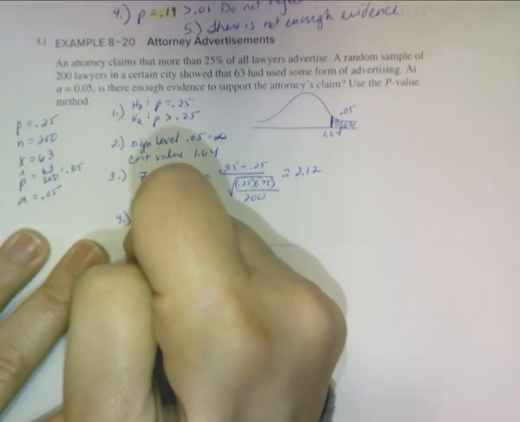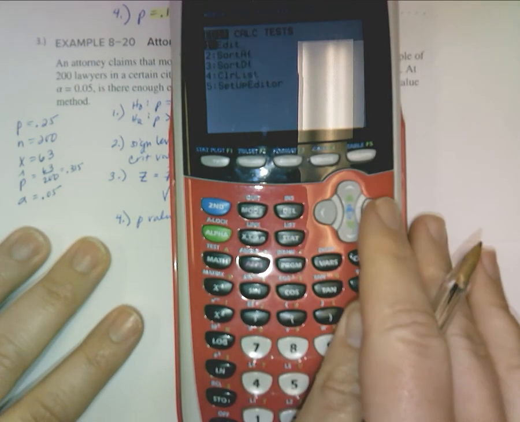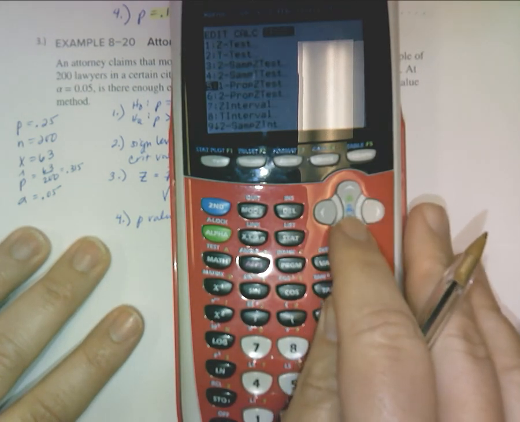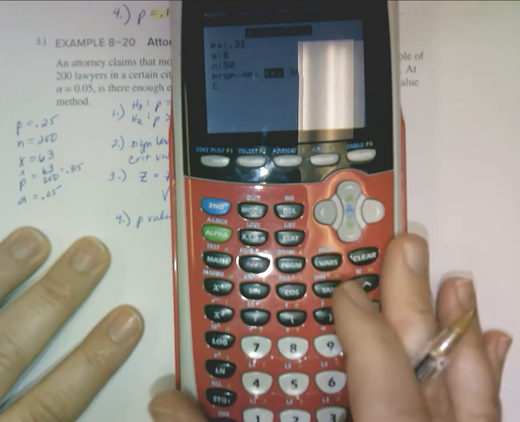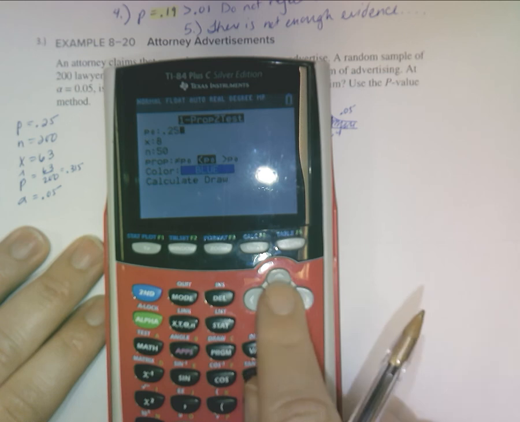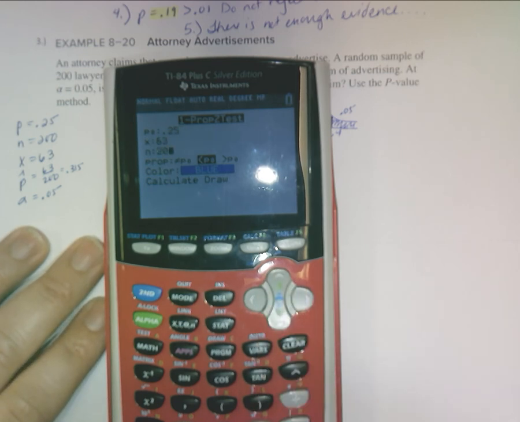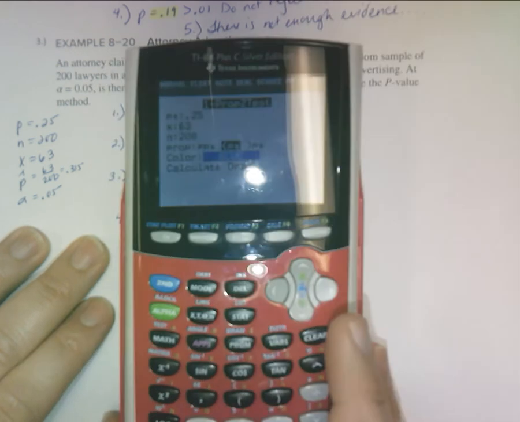Let's find out what our p-value is. So stat, 1 prop z. Let's type in my information here. 0.25. X is 63. N is 200. I'm looking for more than.